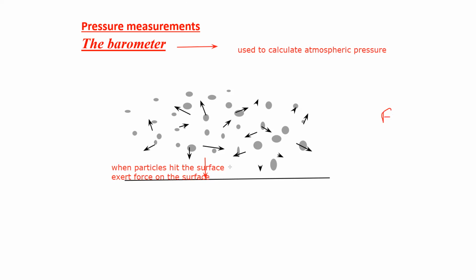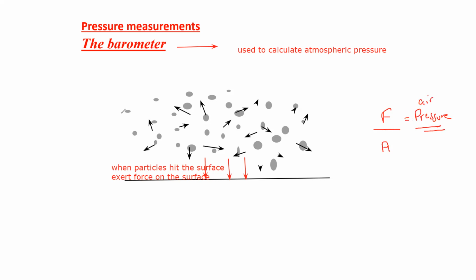There is a specific area on which these particles are hitting. So force divided by area, the force exerted by the particles divided by area, what will we get? We will get the pressure which is exerted by this air. So this is the air pressure.